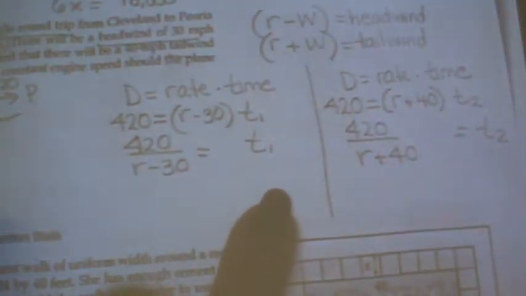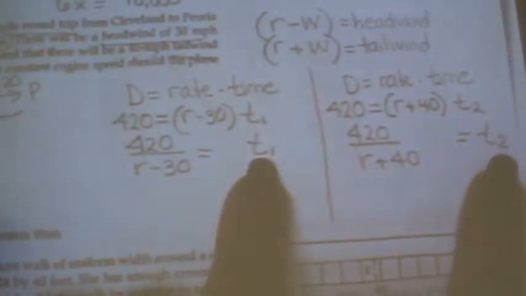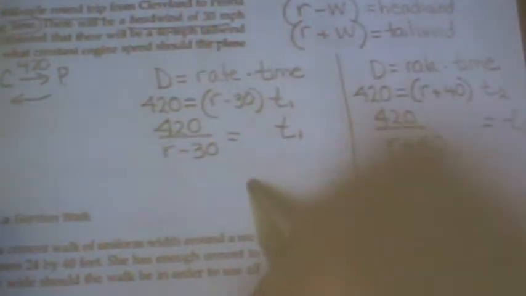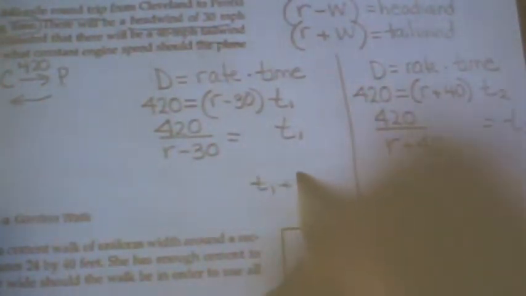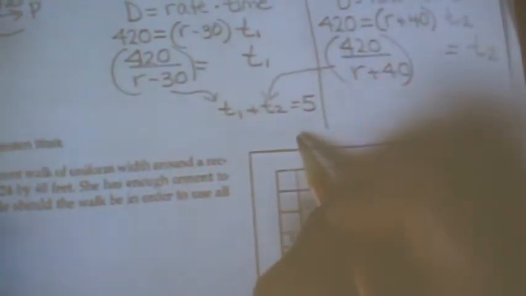And would you agree that the time it took to go there and back is 5 hours? So do you agree that T1 plus T2 is 5 hours? Yes or no? So what you're going to do is substitute this in for T1, this in for T2, and we have this crazy equation.